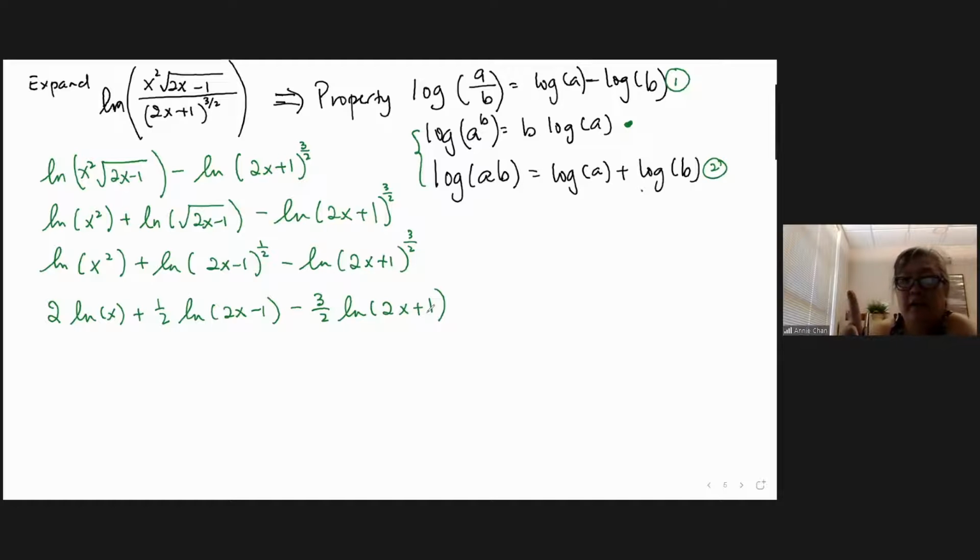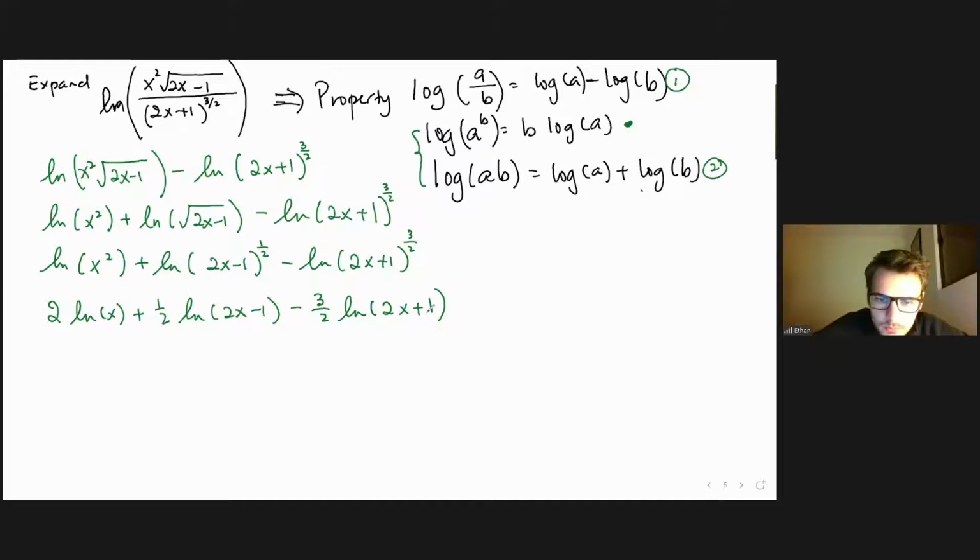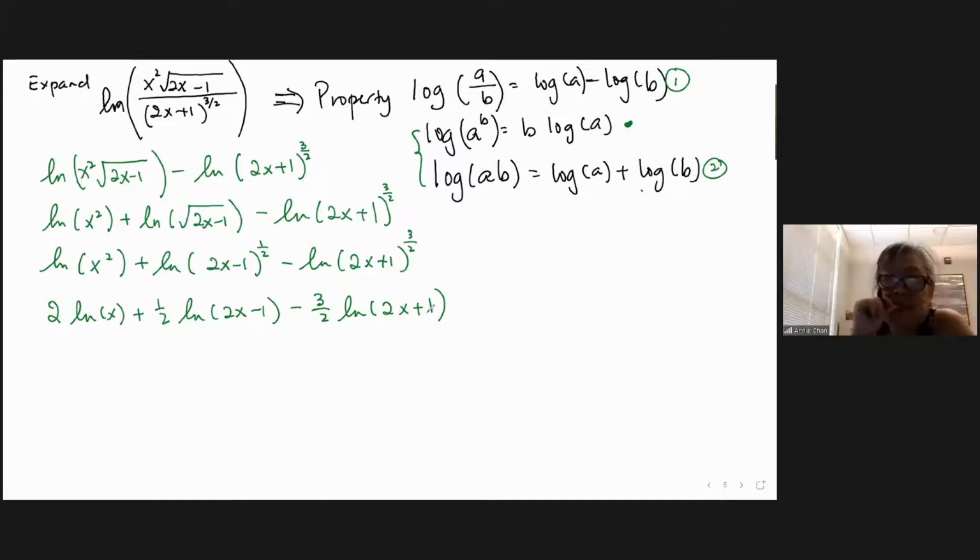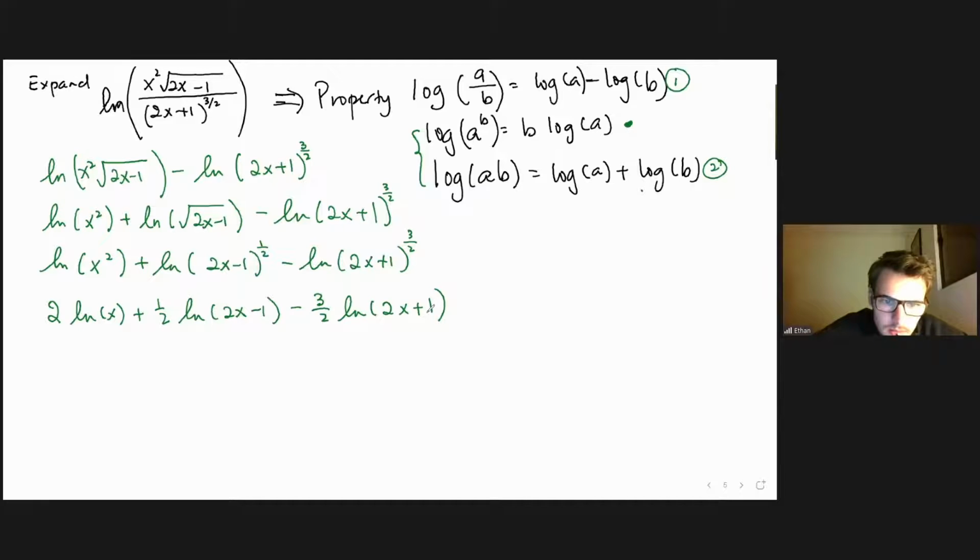Hang on. Don't answer this. Ethan, am I done? I think you could do more, couldn't you? What can I do? You could take the multiplication that you have inside the natural logs and split it into more natural logs, right?